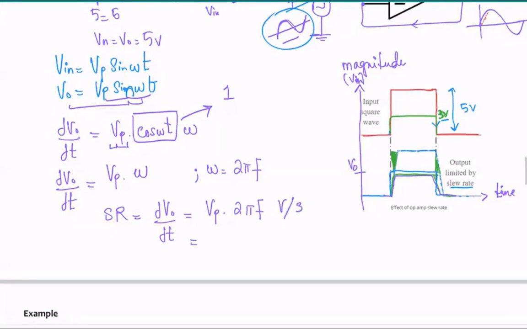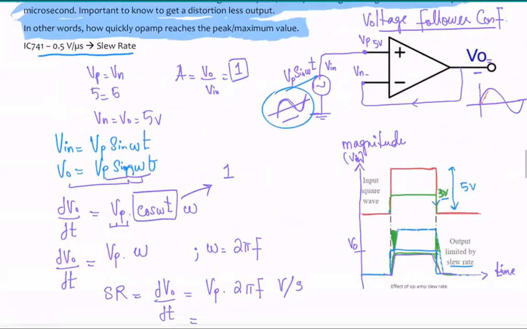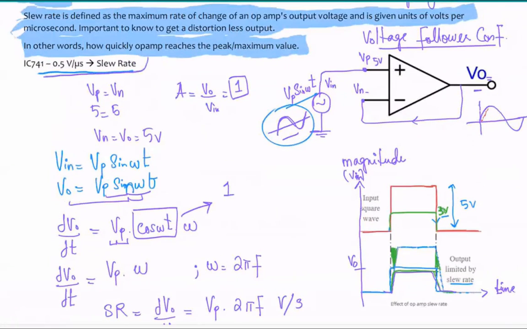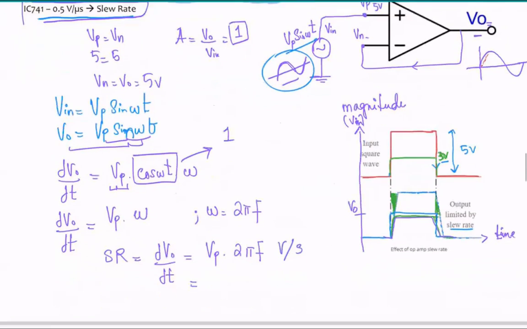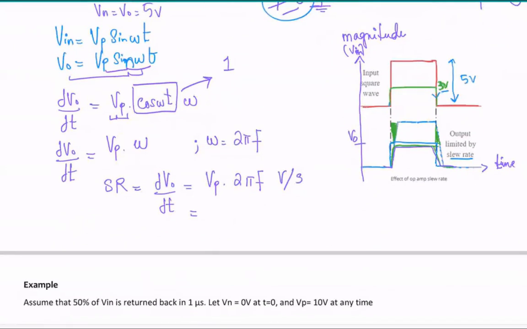If you want to convert to microseconds, because usually it's gonna be in microseconds, all you need to do is divide it by 10 to the power 6. So you get 2 pi f Vp divided by 10 to the power 6, and this is volts per microsecond.